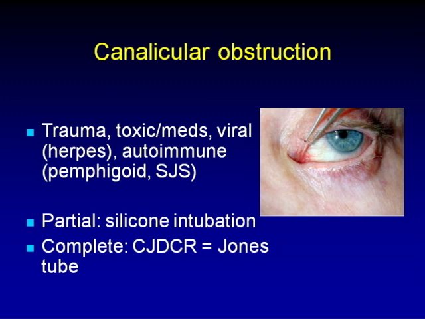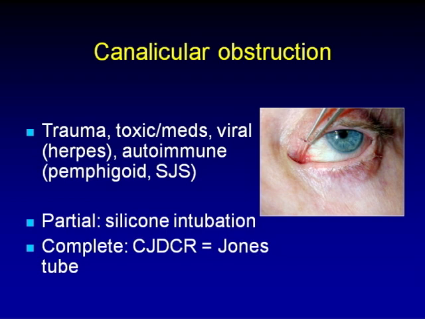Canalicular obstruction is something that we see not infrequently. Trauma is a cause of the canalicular obstruction. Sometimes it's left unrepaired, or the canalicular laceration is repaired, but the system still scars and heals and closes. Toxins and medications: often we'll see it in patients who are on glaucoma drops.